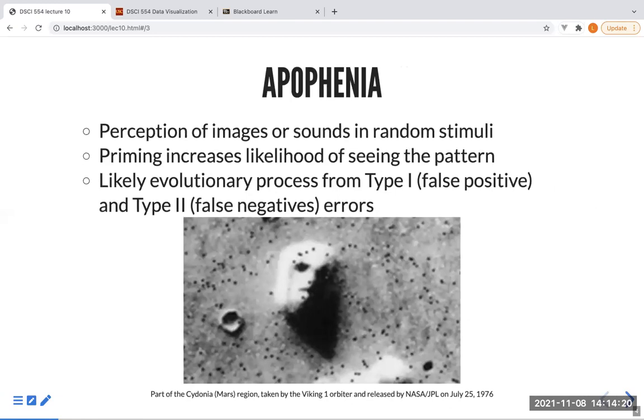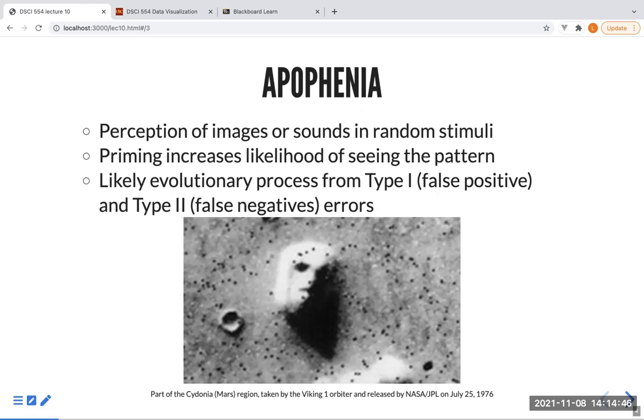So one evidence of the fact that it is subconscious comes from this phenomenon called apophenia, where if we are exposed to random stimuli, we're going to end up trying to make sense of the information that is there. And oftentimes we see things that are just not there.